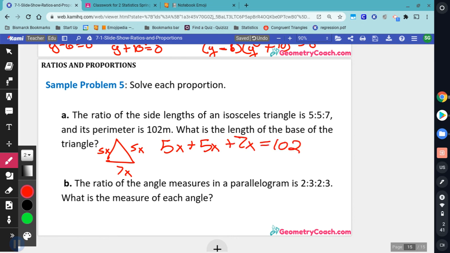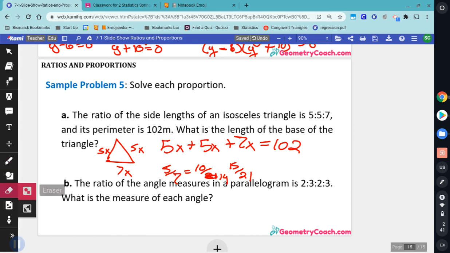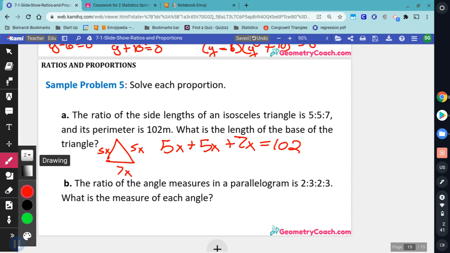Because remember, this is the simplified form of a fraction. It might be 5/7, might be 10/14, it might be 15/21. So we don't know what value this fraction was multiplied by before it got reduced. So that's why you put the x in there. So we've got 17x equals 102.